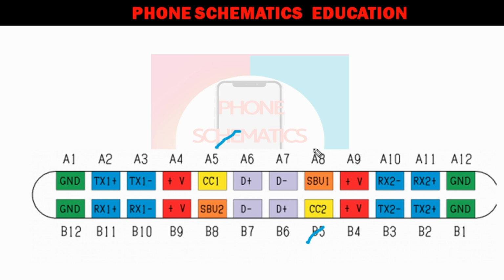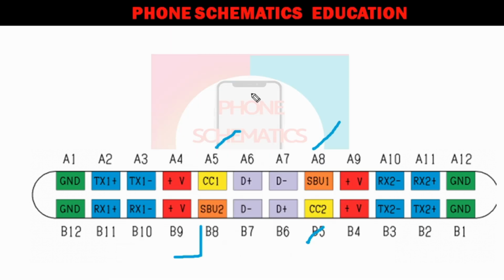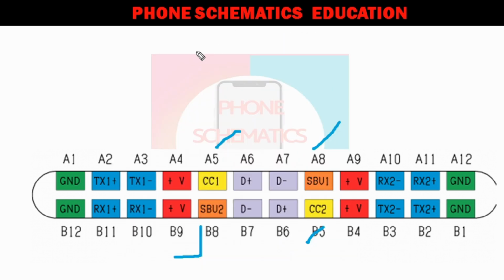Now, the last pins, SBU1 and SBU2, B8 and A8. These pins are called sideband, and through these pins you can play audio and video output from an HDMI cable, like your HDMI cable connected to your TV, and on the other end a C-type port connected to your phone.